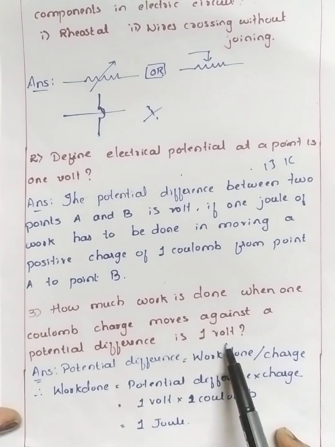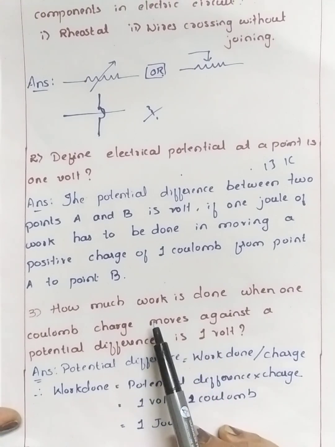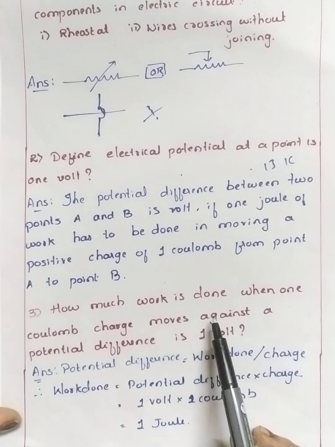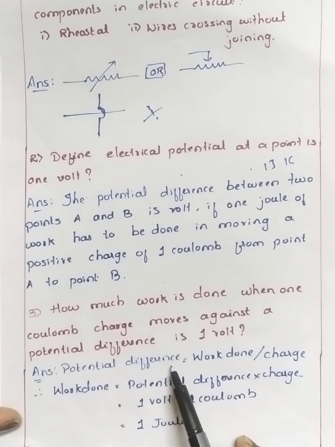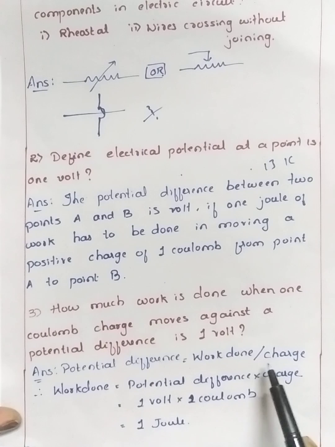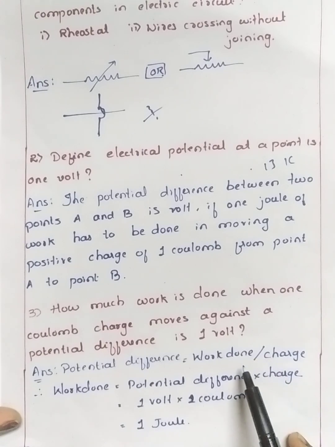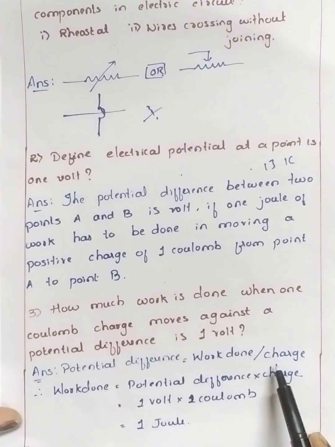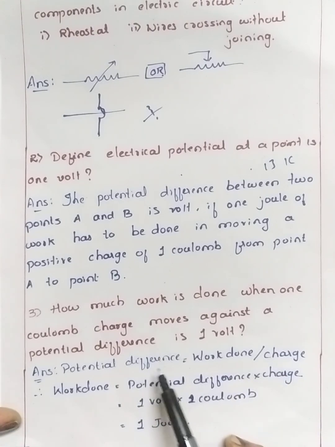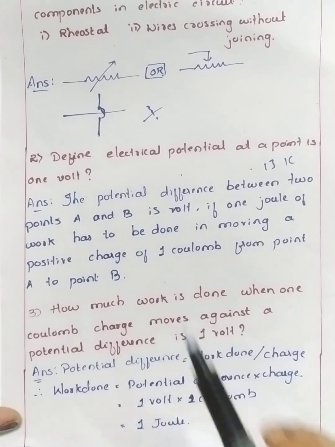This is a numerical. What is the meaning of this? When there is a 1 volt potential difference, what is the work done? How to calculate? Potential difference is equal to work done divided by charge. It means the work done in moving the charge from one point to another is the potential difference. You have seen this in the definition.